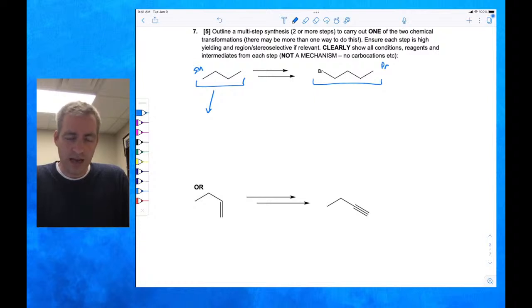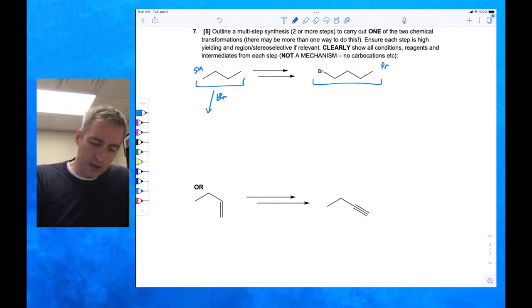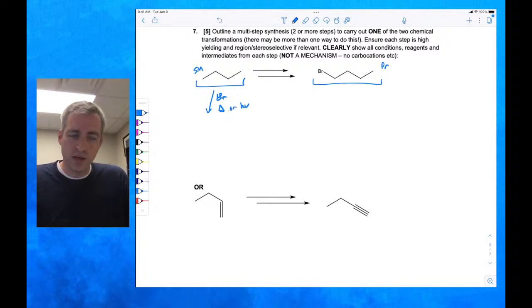And this is a reaction from Unit 9 which uses a halogen, either bromine or chlorine. If you use bromine, for example, and light or heat, this will do radical halogenation.